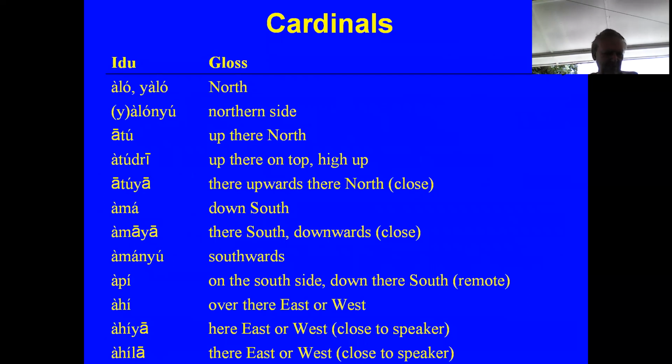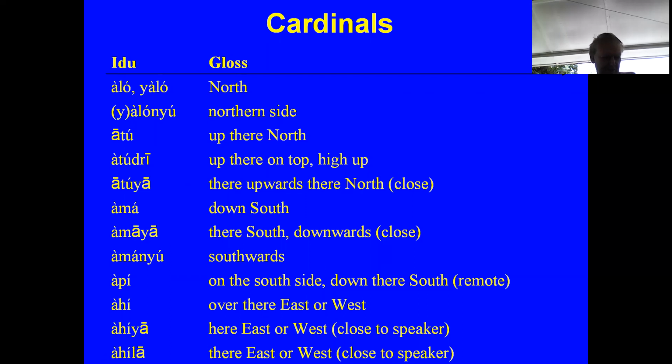So here is the table of cardinals, at least today. So of north and south, and vaguer terms, up there north, up there on top, and up there, and those also relate largely to proximity, and you have a parallel system of terms going southwards. Here are the terms for over there, which are both east and west.